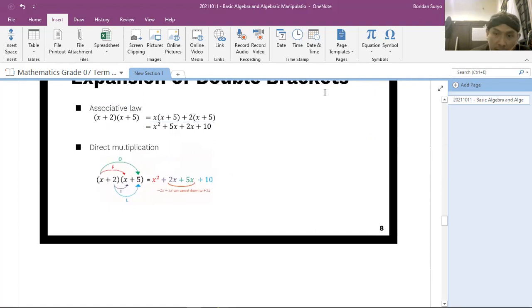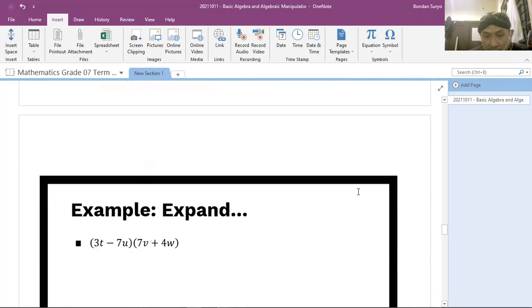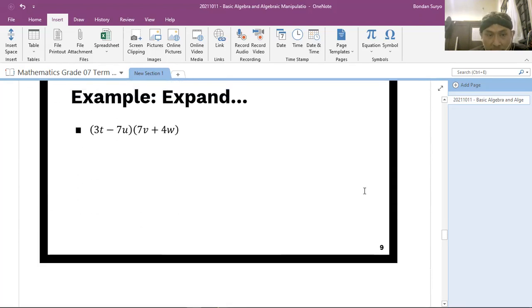But I would like to use the common process, the direct multiplication, which is the common technique. Like previously, let's go.